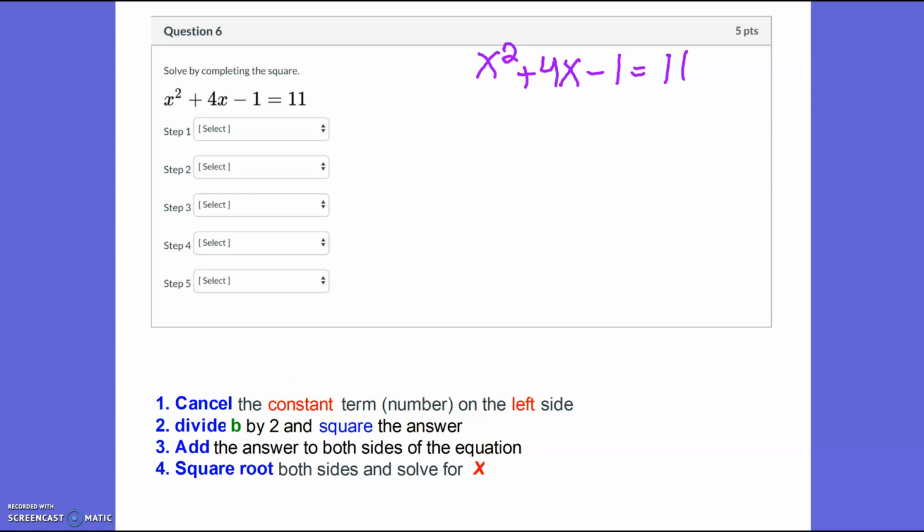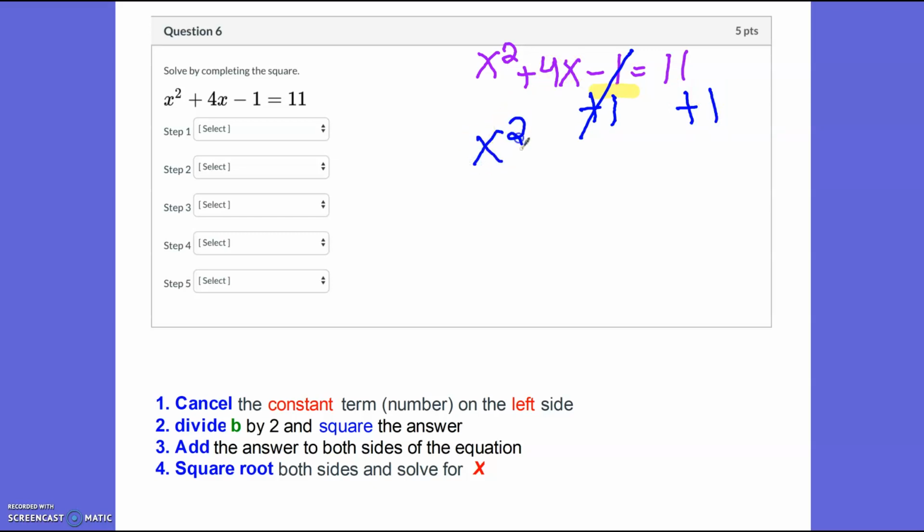So that means that I need to cancel negative 1. To cancel negative 1, I am going to add 1. So if I add 1, negative 1 plus 1 equals 0. If I add 1 to one side, I add 1 to the other side.